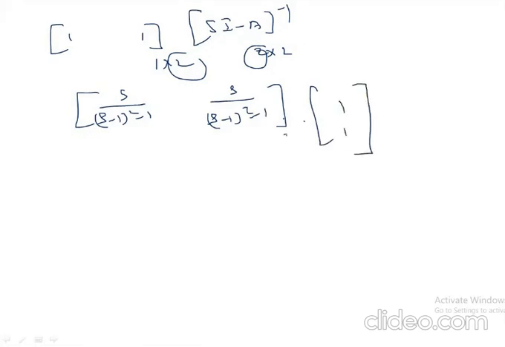This is 1 by 2 and this is 2 by 1, so the resultant matrix will be a single element, which indirectly gives you the transfer function. All of you are aware the formula is Y of s by U of s.